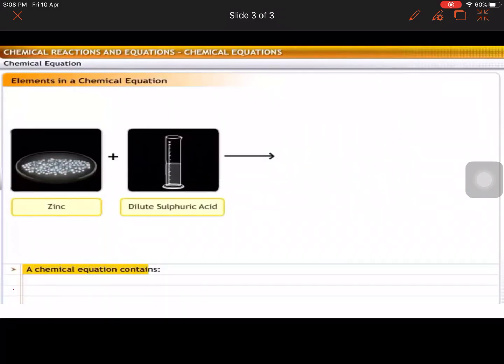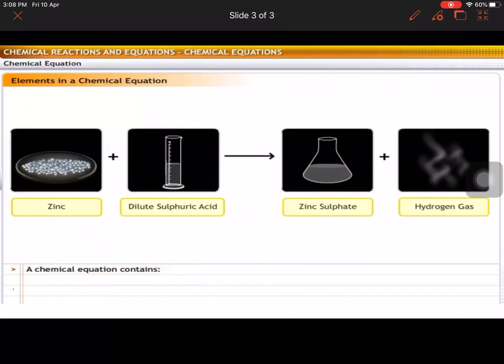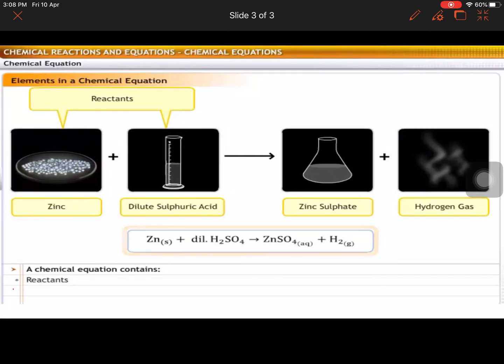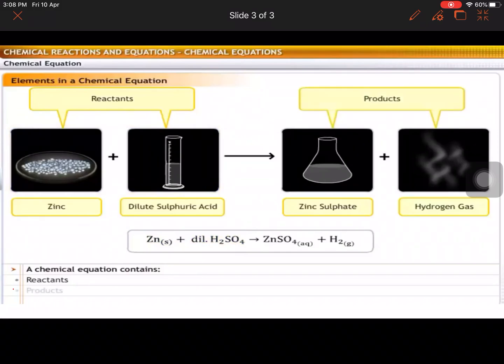A chemical equation is made up of the following components. The reacting substances, known as reactants, are on the left-hand side. For example, in the equation you just saw, zinc and dilute sulfuric acid are the reactants. Therefore, they are on the left. The resulting substances, known as products, are on the right-hand side.